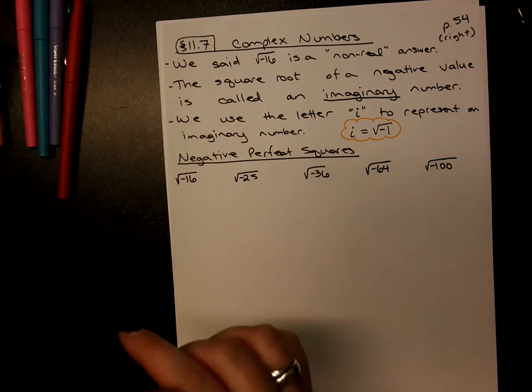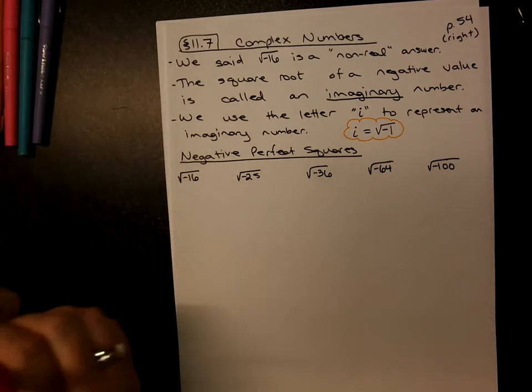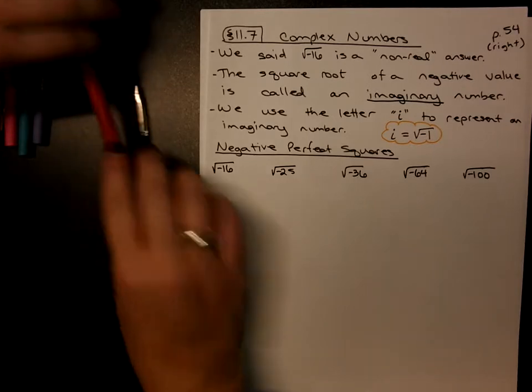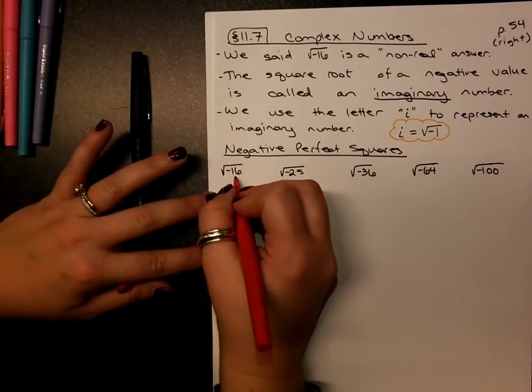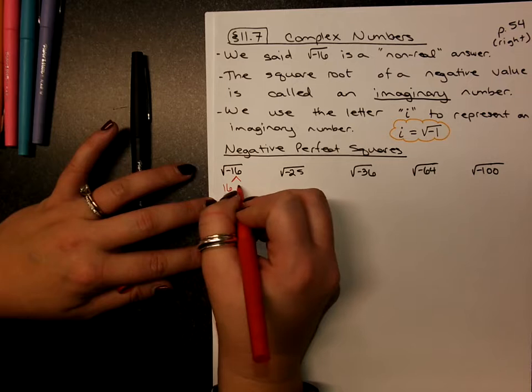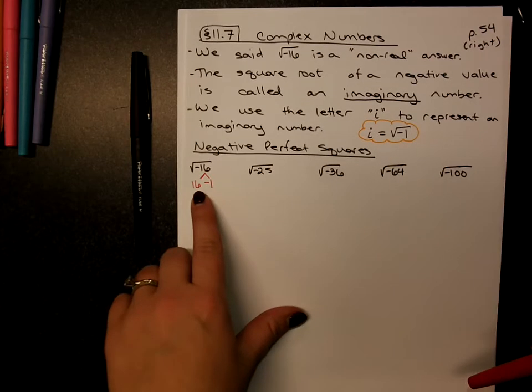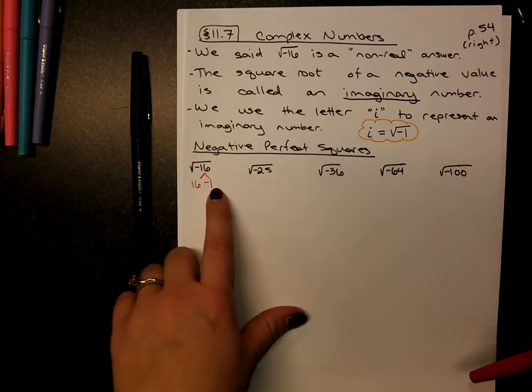They have negatives on the inside. So the way we work these out is we separate them into the perfect square and the -1. So -16 comes from positive 16 times -1.